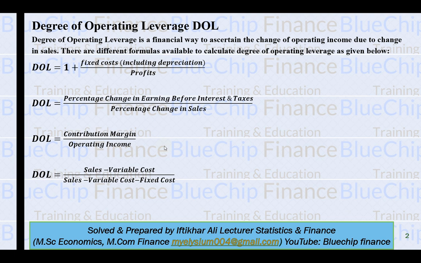That is our topic of managerial accounting. And the fourth way to calculate degree of operating leverage is sales minus variable cost divided by sales minus variable cost minus fixed cost. So that is enough to know about degree of operating leverage, and the remaining you will get through the solution of different problems.